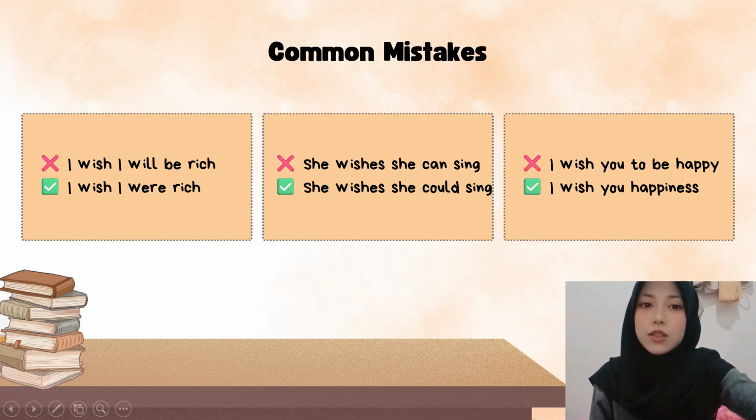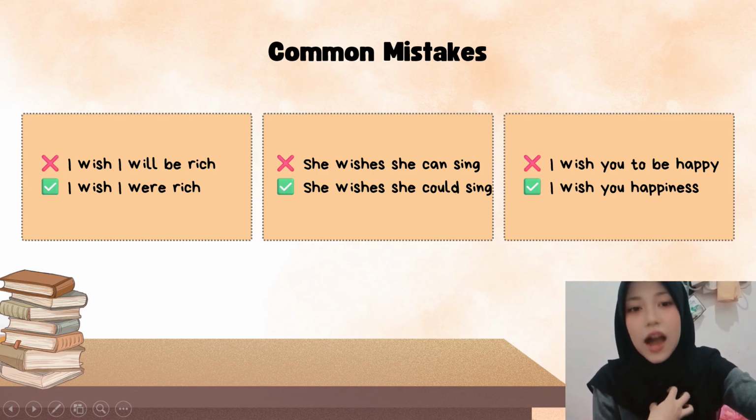Okay, now let's look at some common mistakes when using wish. The first mistake is I wish I will be rich. So remember, we don't use future tense after wish. So the correct sentence is I wish I were rich, not will. And the second mistake is she wish she can dance. But the verb can should change into could.